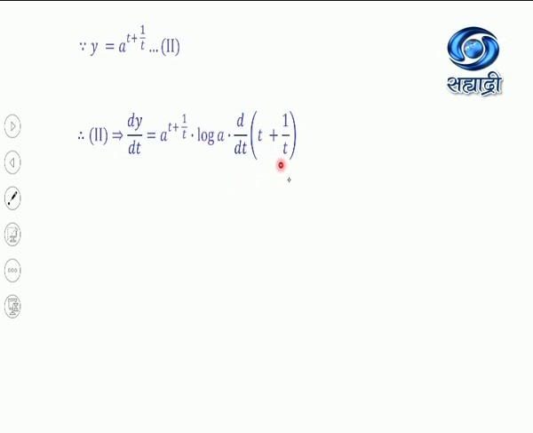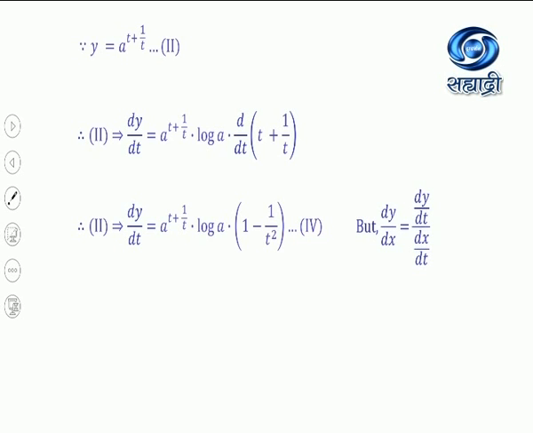What is the power? t plus 1 upon t. Now the derivative of t is 1, and the derivative of 1 upon t is minus 1 upon t square. So we get equation number 4. These two terms stay as they are, and the derivative of t is 1, derivative of 1 upon t is minus 1 upon t square. We denote it by equation number 4.